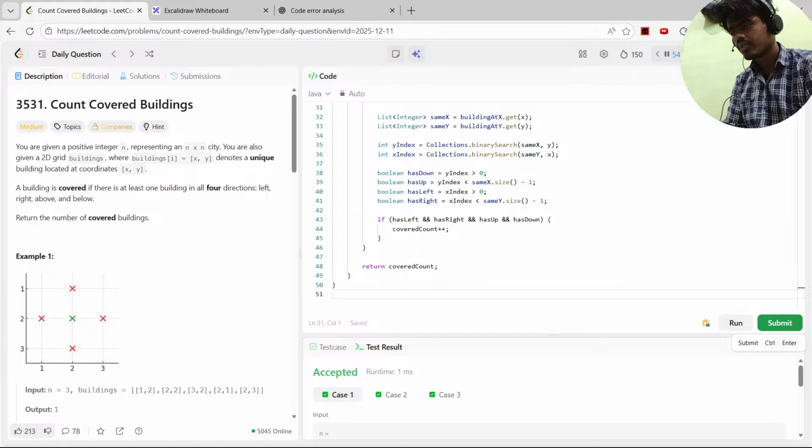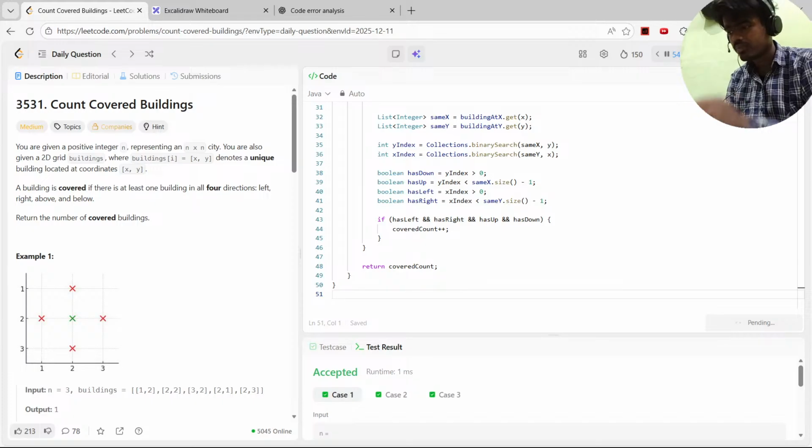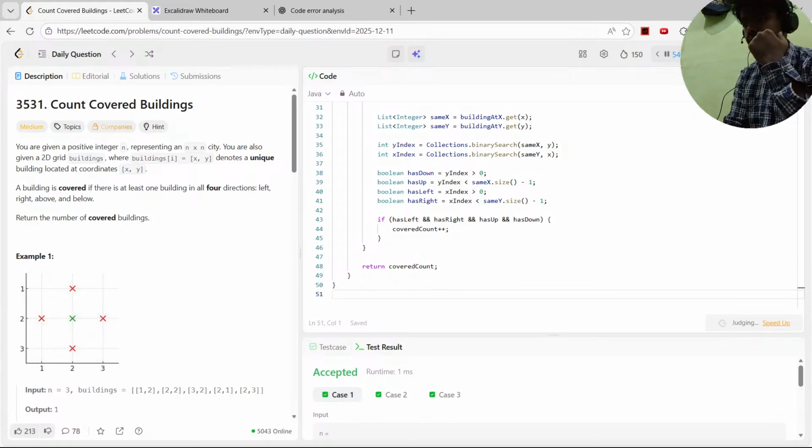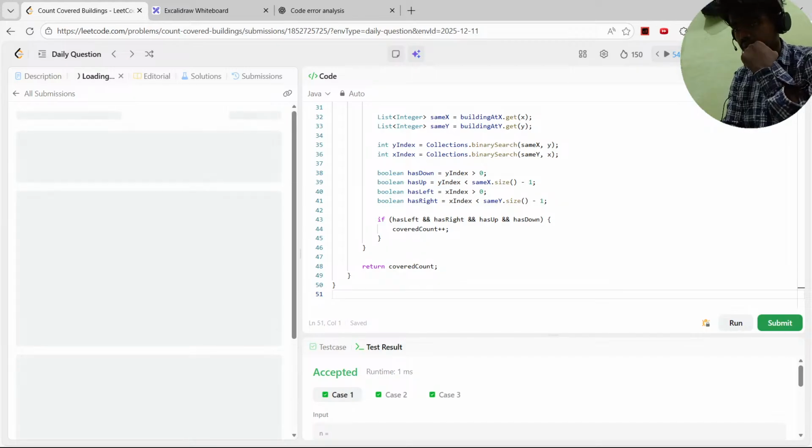Okay, my mistake was the variable buildings. I have done some mistakes, but I can find the error, what was my error, right.